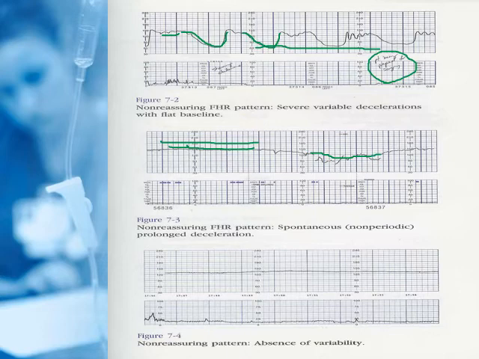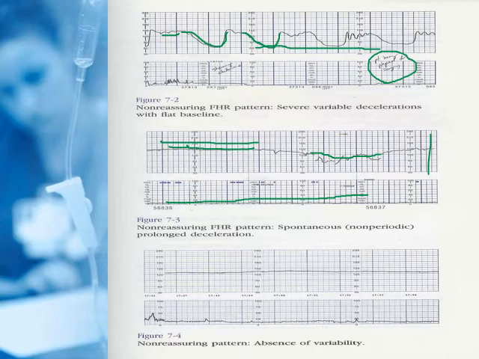So we've got minimal variability and then a 2-minute deceleration. That is non-reassuring. What would we do for this patient right here? If you said give her oxygen, increase her IV fluids, turn her, making sure she's not on her back, you would be correct.